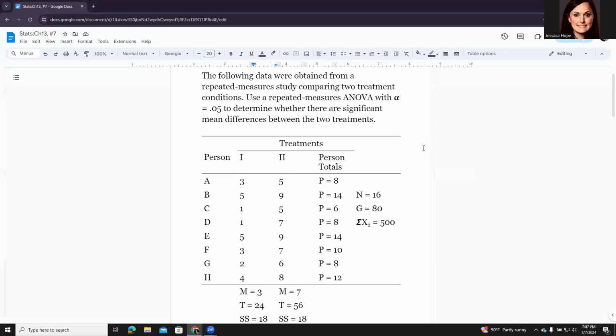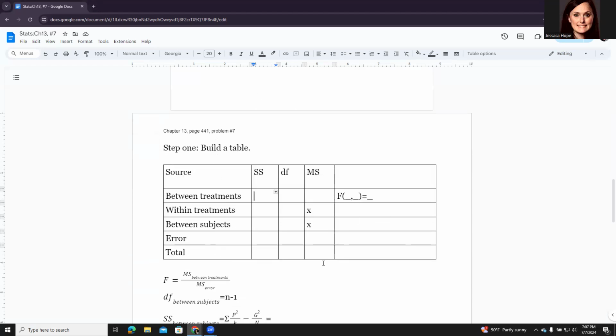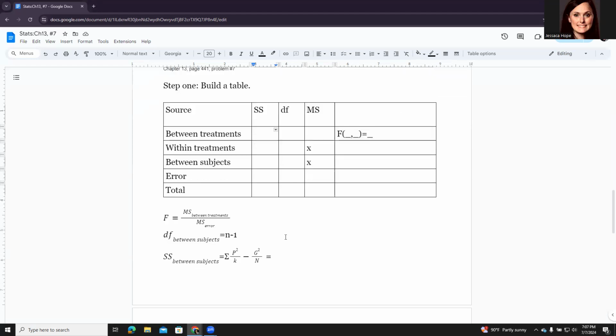We don't know what that critical region is yet because we don't have your degrees of freedom yet. I have gone ahead and put the formulas down here in the order that I would do this problem. This is what we're looking for, your F, which is going to go right here. We don't have either one of these yet.